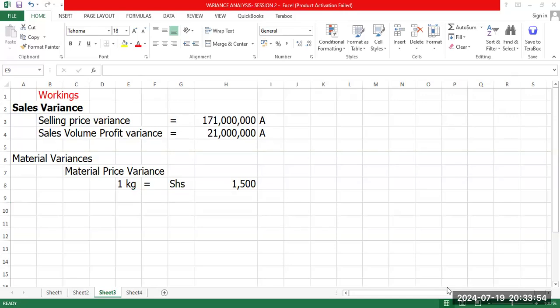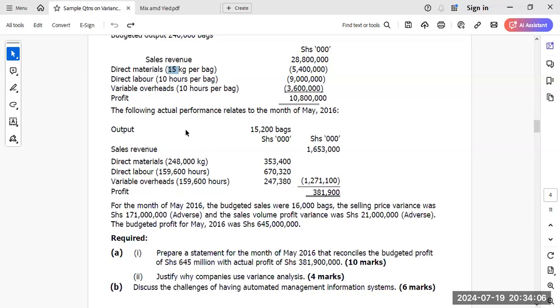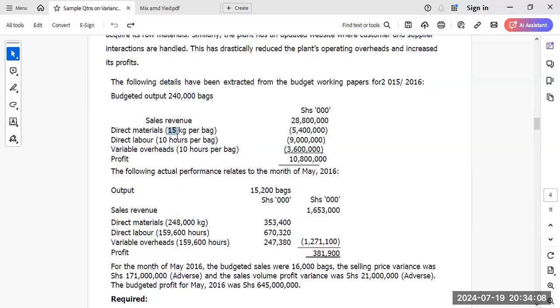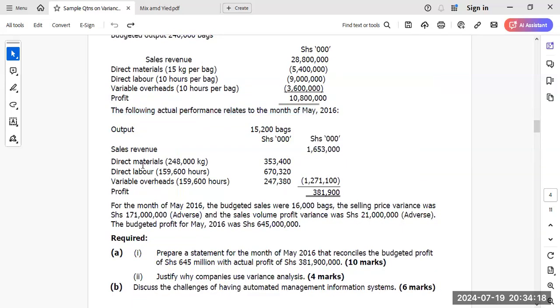So now we know the price per kg. So the question is, how many kgs did they actually use? If we want to know the actual kgs they used, you go down to the actual information. They are telling you that for direct materials, they used this number of kgs.